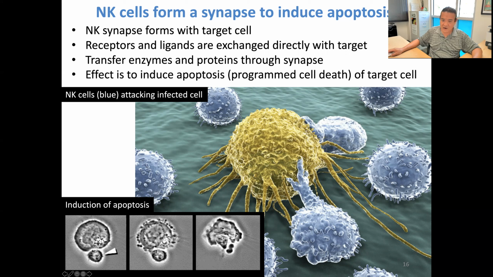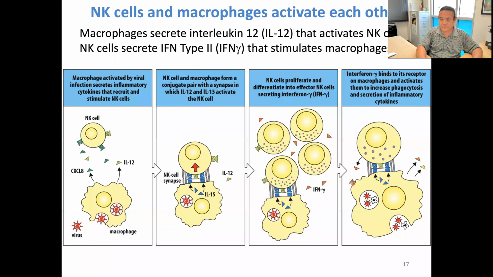Right? So you can see within an hour, the target cell has shriveled up, right? And that way it puts an end to its ability to make any more virus particles. The natural killer cell shown here, once this is done, it just moves on, right? And it can go ahead and continue its job.